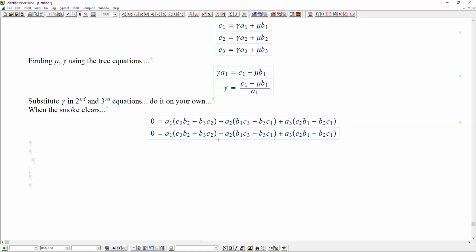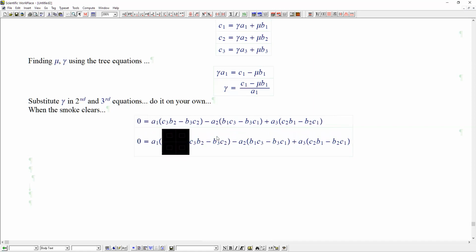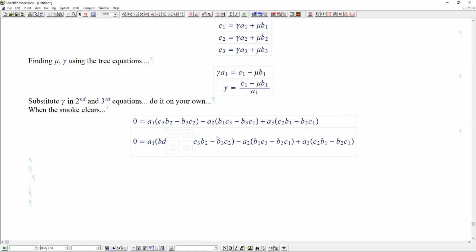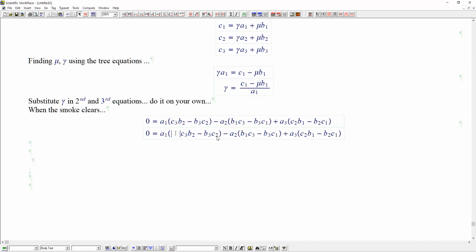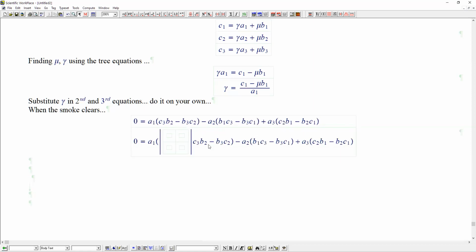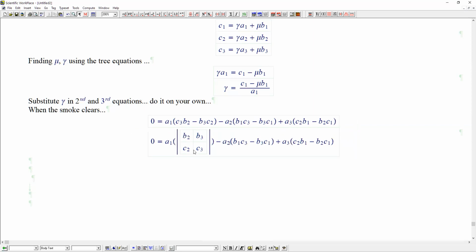Yes, it looks like the determinant of a two by two matrix. So that would be B2, C3, and B3, C2. And that would be a determinant.